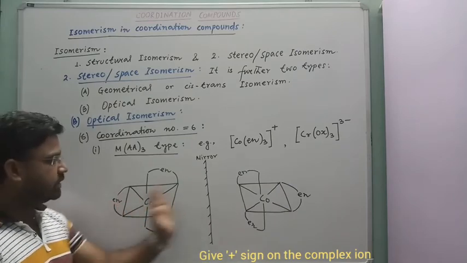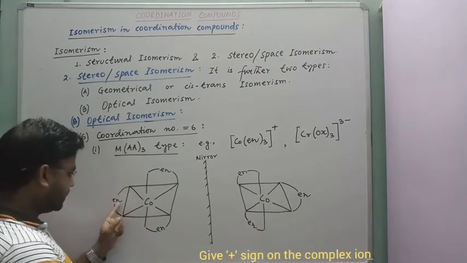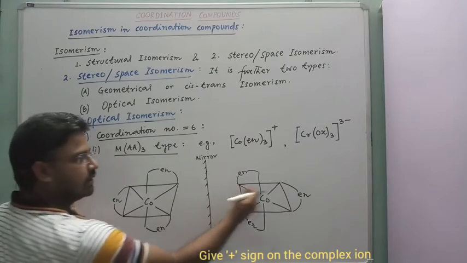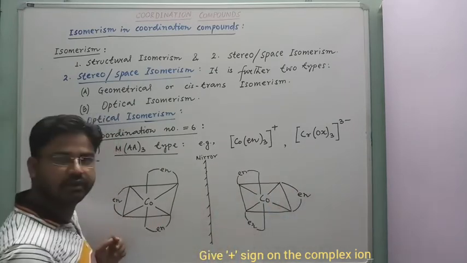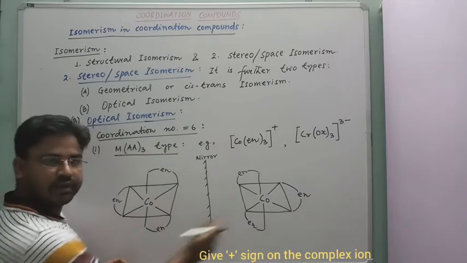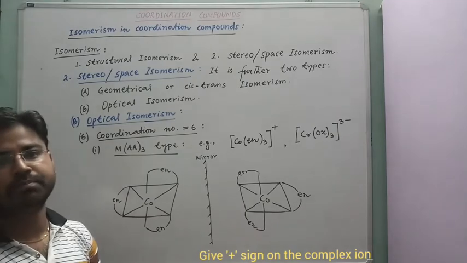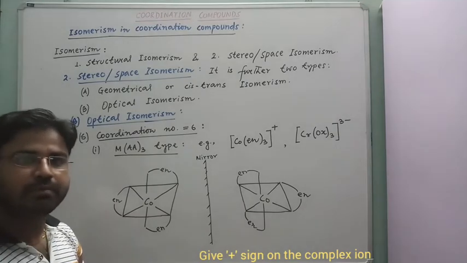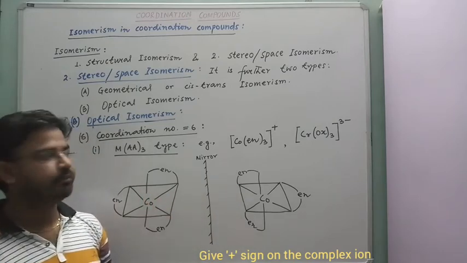Now see, both the structures are different structures. Here this en is on the left hand side, but here on the left hand side there is no en. It is on the right hand side. This en is present on the right hand side. So these two structures are different structures. This type of structures are called non-superimposable mirror images, and because they are non-superimposable mirror images, they are optically active.